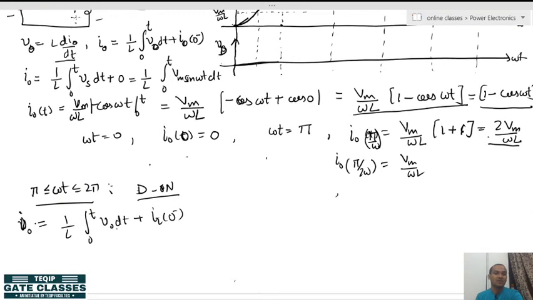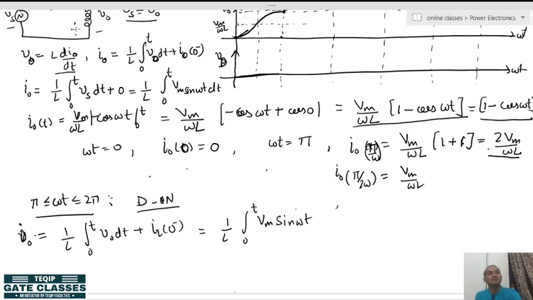Now this limit 0 to t, we are talking about, for instance, pi to 2 pi. Now let's solve the equation: 1 upon L integration 0 to t of V naught is equal to Vs, Vm sin omega t. Why is V naught equal to Vs?